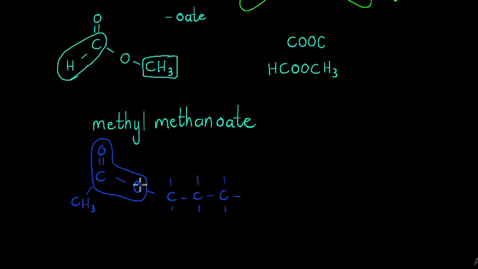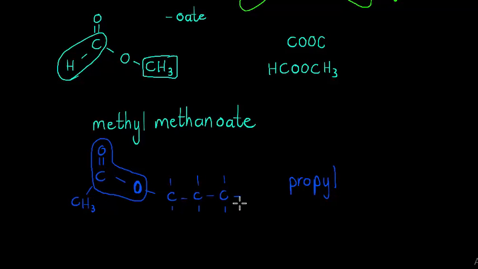The branch connected to the oxygen is literally my alkyl branch. So in this case, it is propyl. Why propyl?